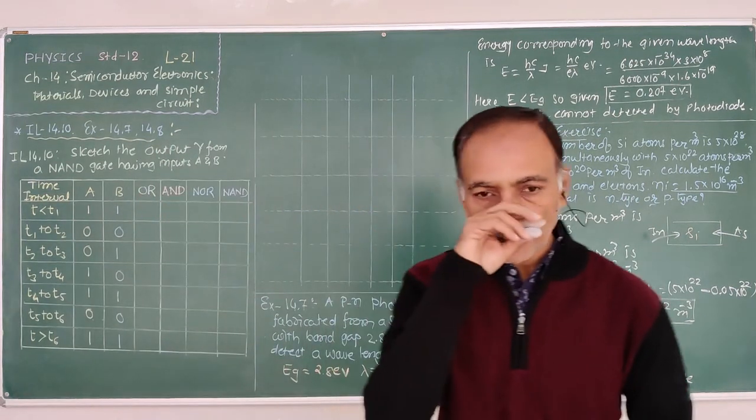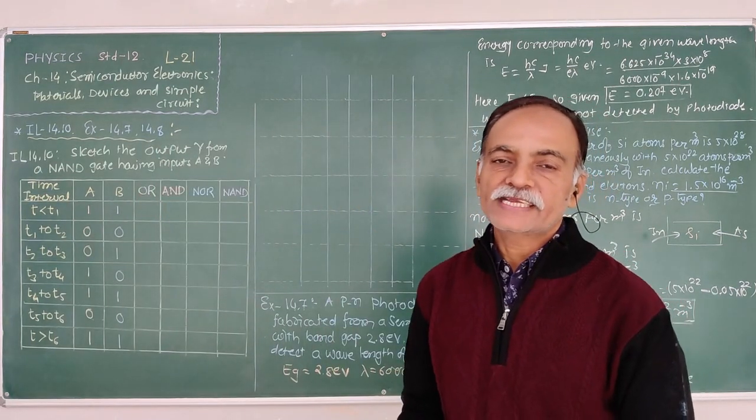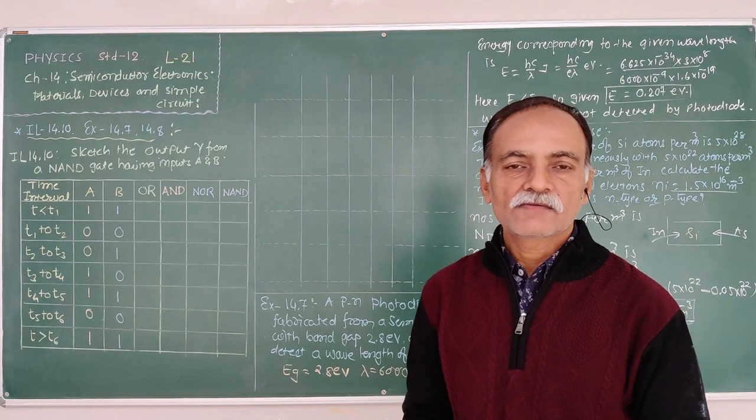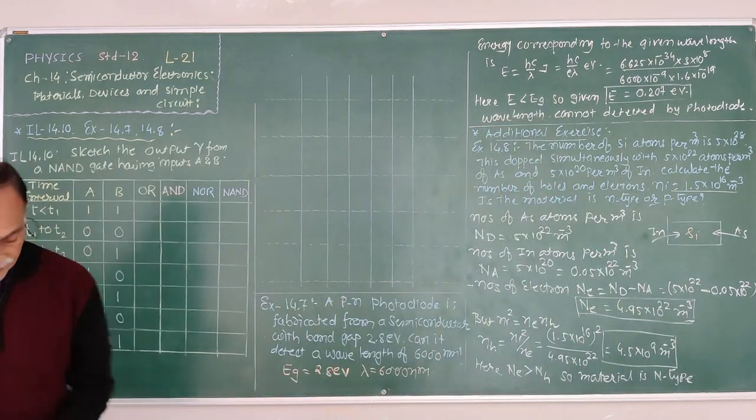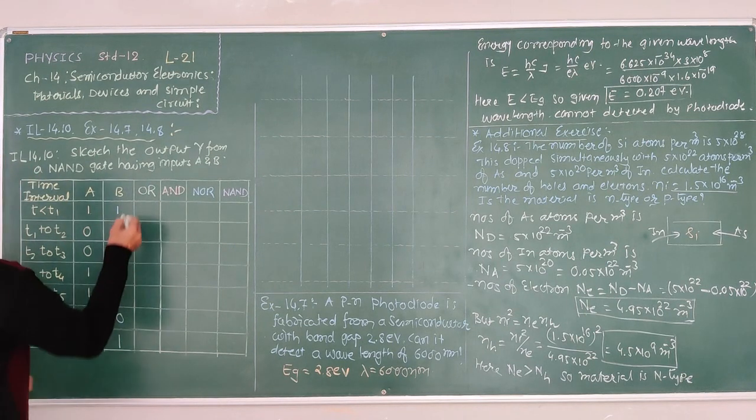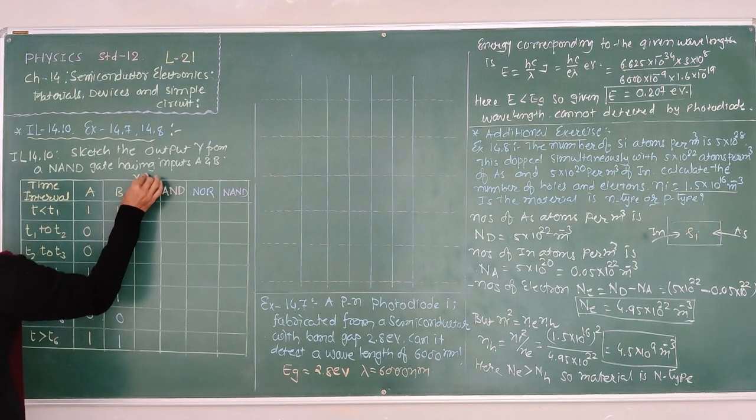The Boolean equation for the OR gate is A plus B. Y is equal to A plus B. So for the OR gate, the Boolean equation is Y equal to A plus B.